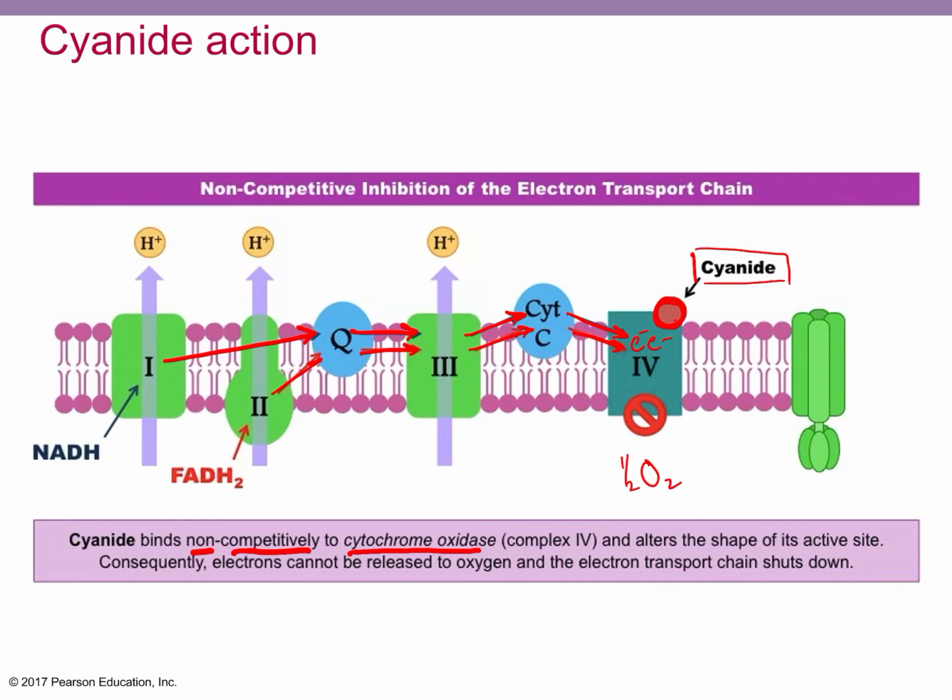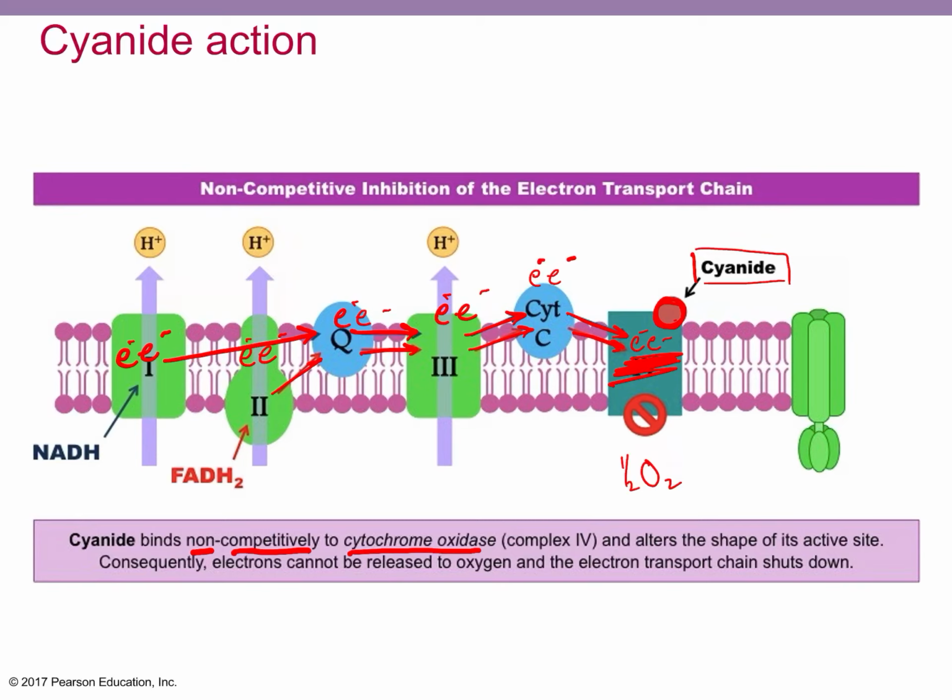So what that does is it backs up the entire electron transport chain, because if these electrons don't move, then the electrons here are stuck. The electrons here are stuck. So you just get this traffic jam of electrons that cannot move forward. It's like standing in line and the last person in line is not going to move, right? So you can't go forward if that last person doesn't move.